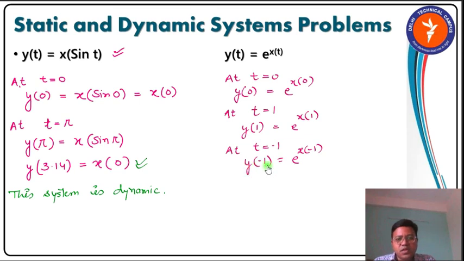That is, the present output is dependent on present input. So the system is not dynamic, in fact it is static, because every time the present output is dependent on present input. So this system is static.